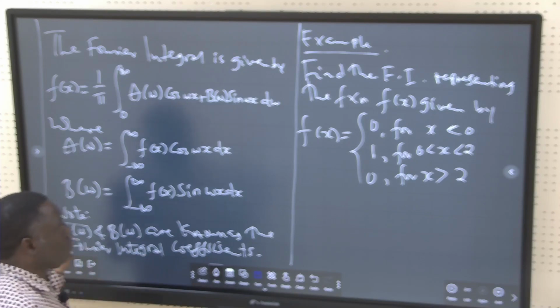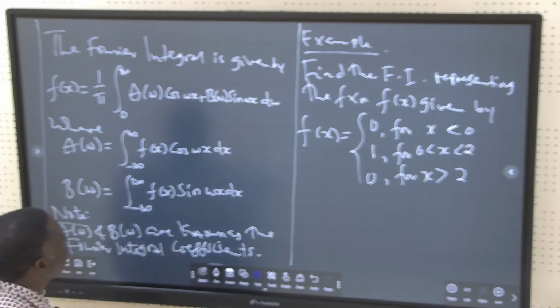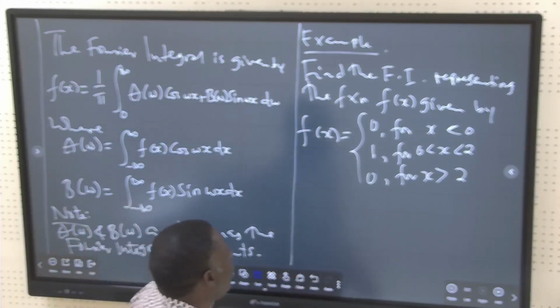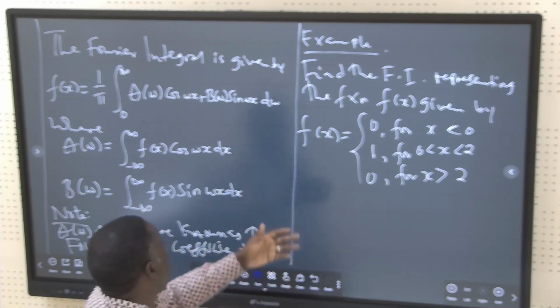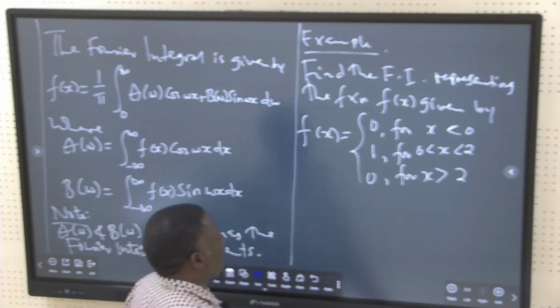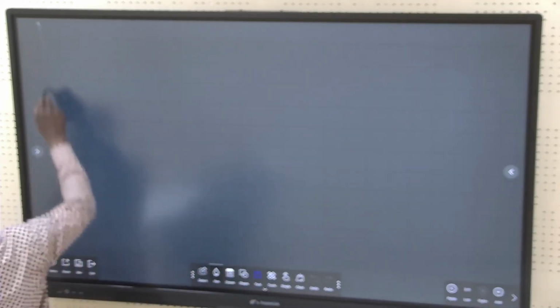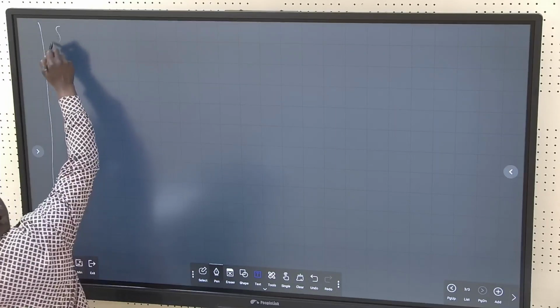The first thing to understand how it looks is to sketch this function f of x. So let us see how it looks when we sketch it.